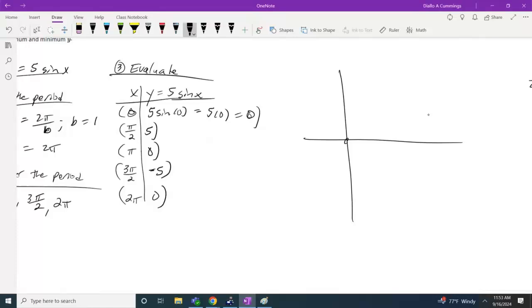On the x-axis we have 0, pi over 2, pi, 3 pi over 2, and 2 pi. And on the y-axis we have positive 5, 0, and negative 5.